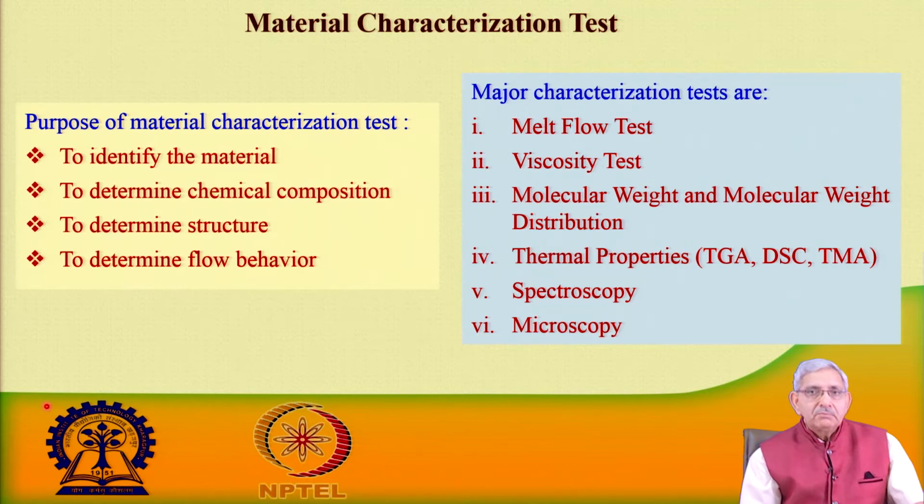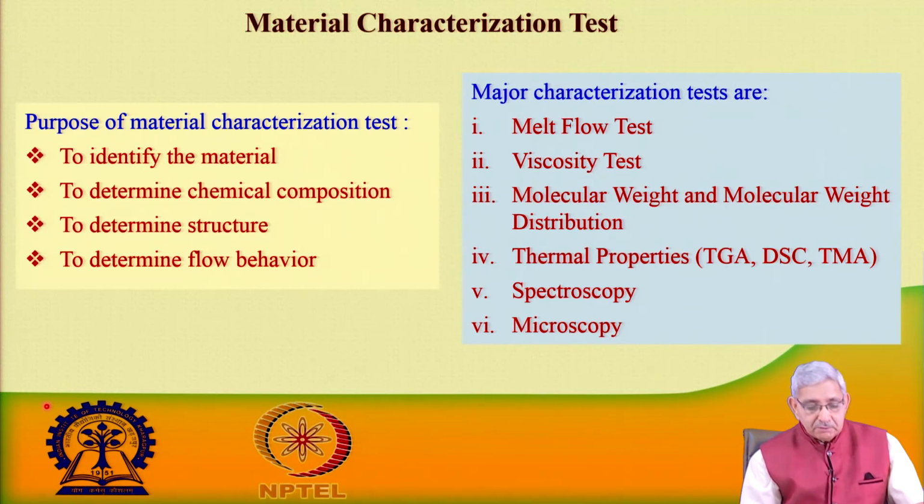The material characterization test is basically carried out to identify the material, to find out the chemical composition, the structural characteristics, and the flow behavior, mainly from the plastic point of view. So, we try to know what kind of test is to be carried out.